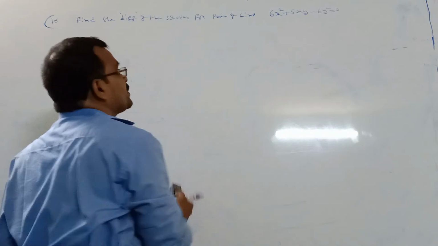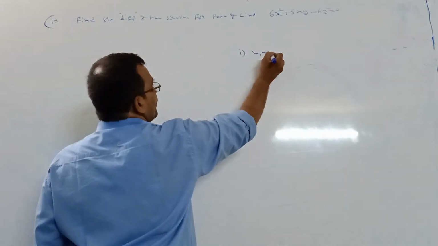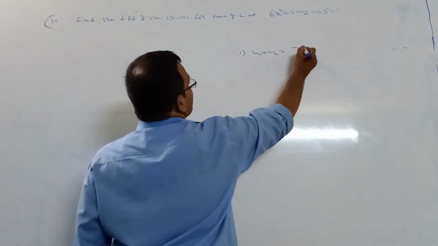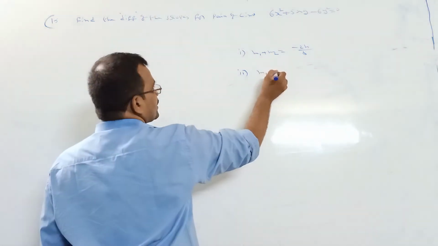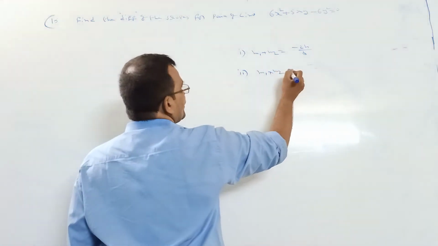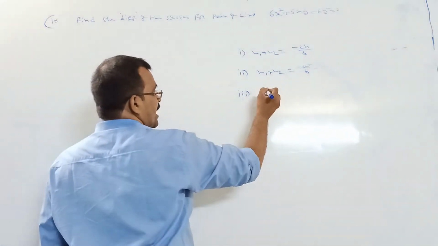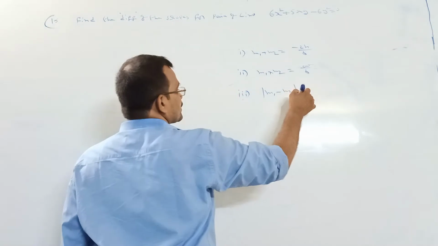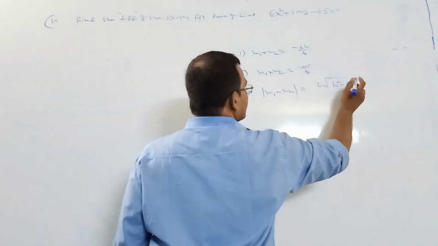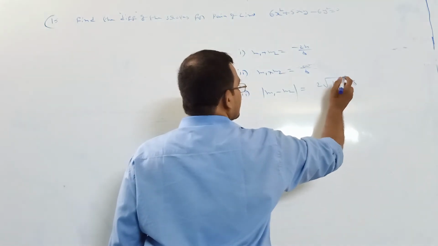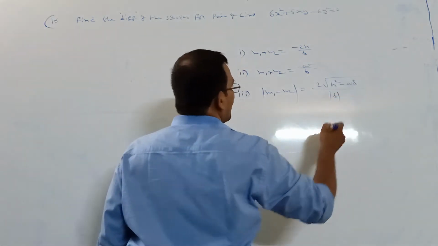For the pair of lines, we have 3 standard results. The first one is sum of the slopes, that is minus 2h by b. Second one is product of the slopes, m1 into m2, that is a by b. The third one is absolute difference of the slopes. The formula is 2 into under root of h square minus ab by modulus of b.